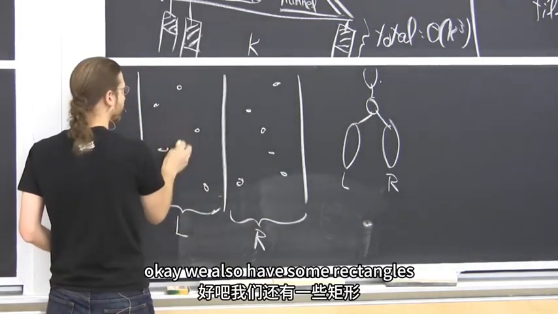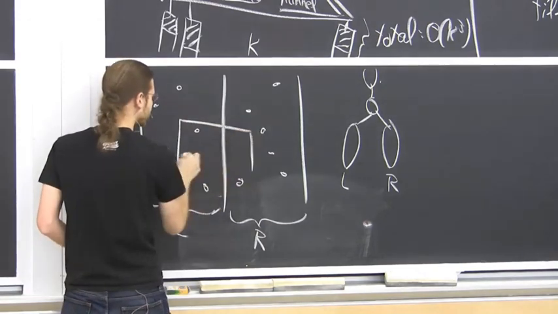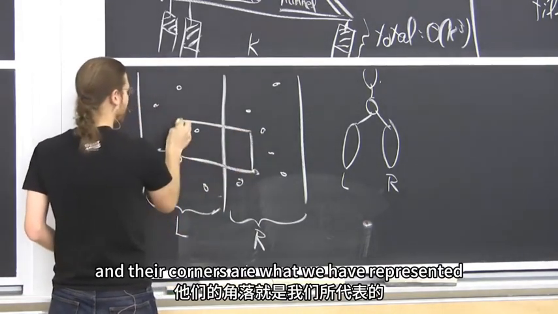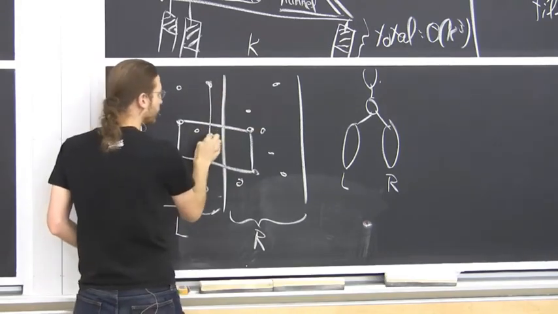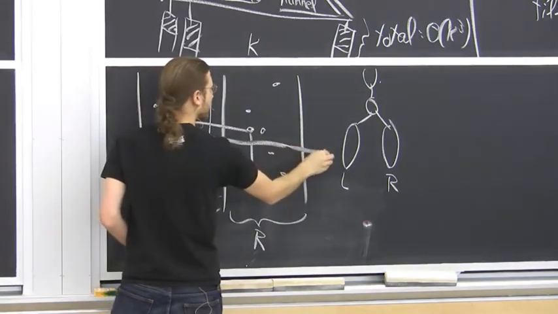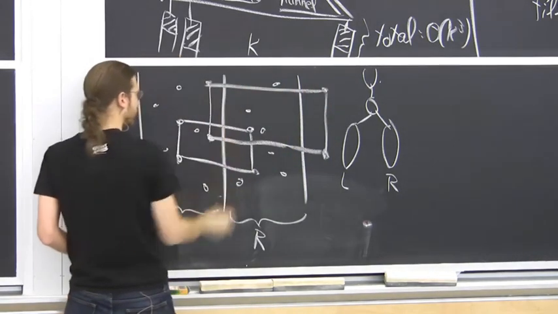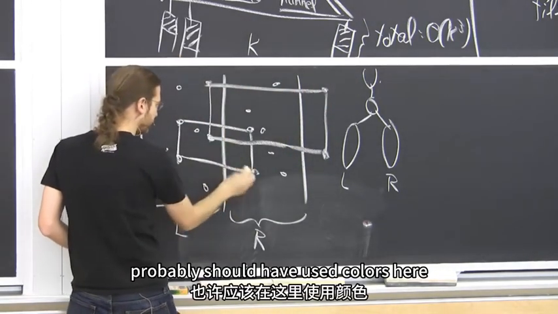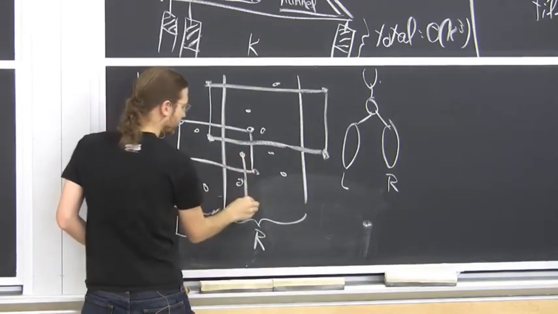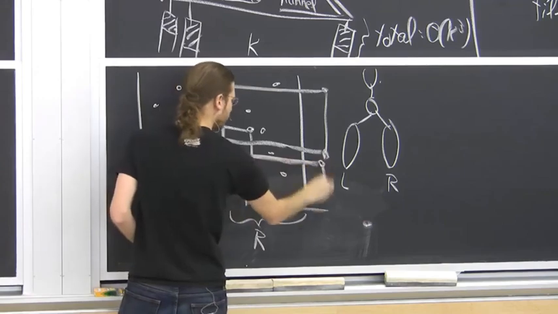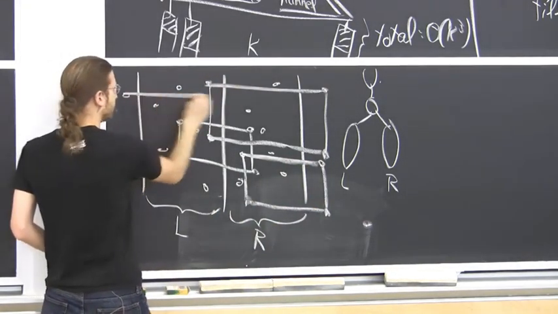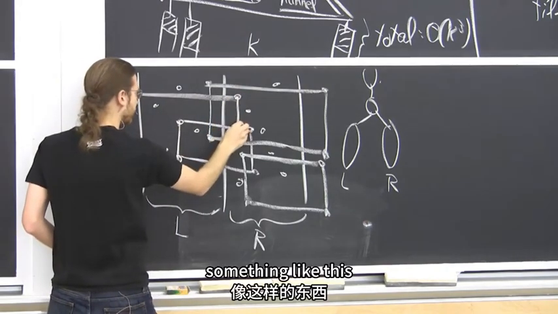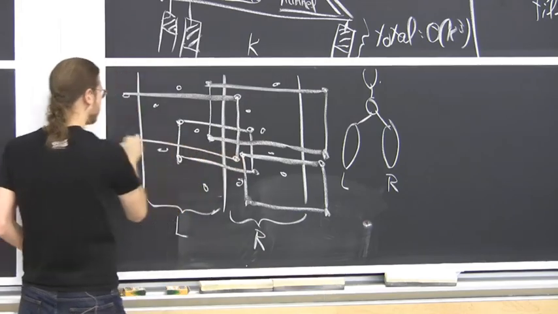Okay, we also have some rectangles, and their corners are what we have represented. Probably should have used colors here. Something like this.